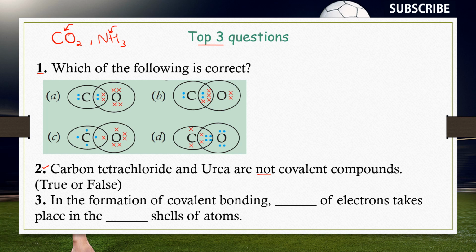We had a look at the different examples of covalent compounds. Lastly, question 3. In the formation of covalent bonding, dash of electrons takes place in the dash shells of atoms. Feel free to let us know in the comment section what you think about these 3 questions.